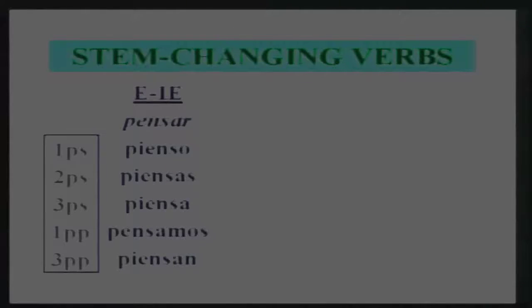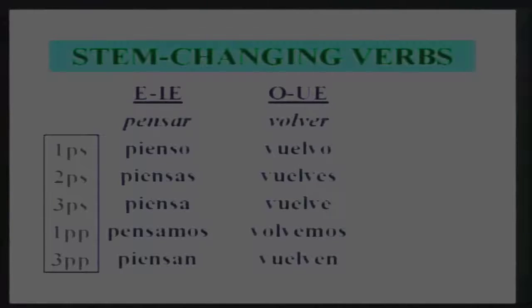Tú piensas. Él piensa. Nosotros pensamos. Remember, it doesn't change in that first person plural. And in the third person plural, piensan. You'll notice the regular endings O, AS, A, AMOS, and AN. Now for the ER verb, volver.